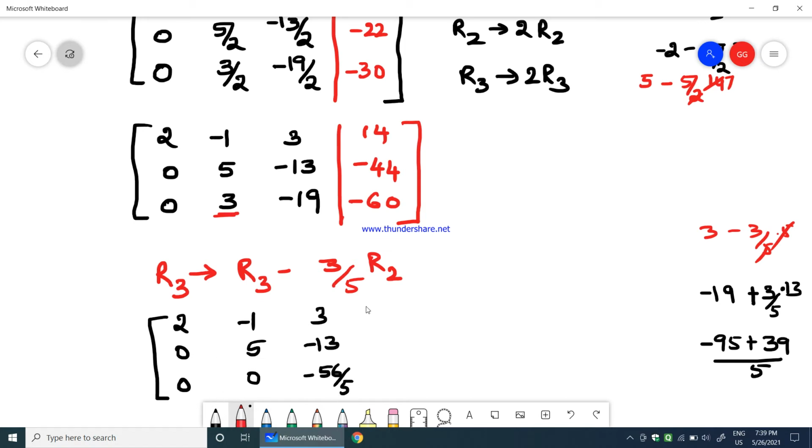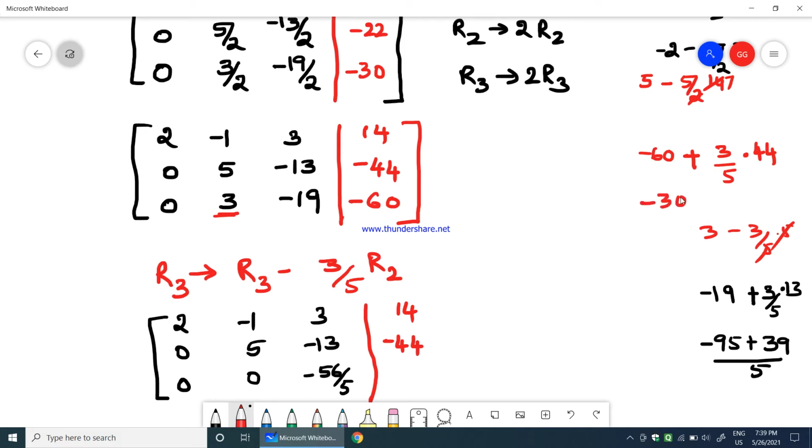So in the right hand side what will happen here is, this is 14, this is minus 44, this is minus 60, and minus of minus plus 3 by 5 into 44. So what will I get? 60 into 5 would be equal to 300.